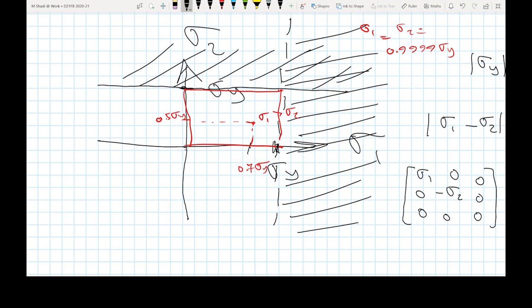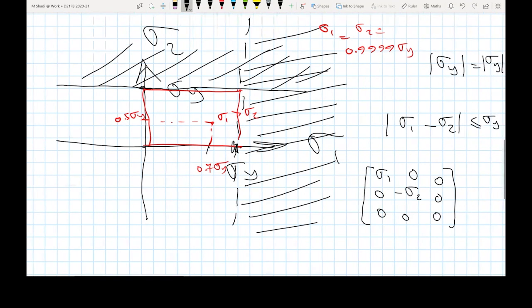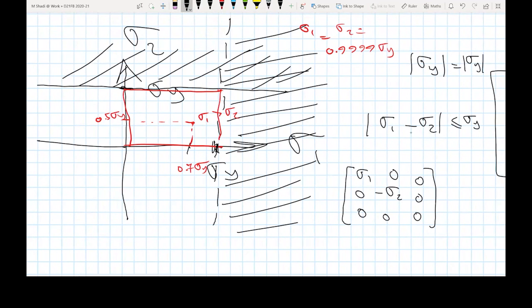Now let us move along this axis here. Along this axis, sigma 1 is equal to 0, and sigma 2 is a negative number. So we go to this equation here. If you look into this equation, you'll see that sigma 1 is now 0, and you have sigma 2. So sigma 2 is taken as an absolute number.